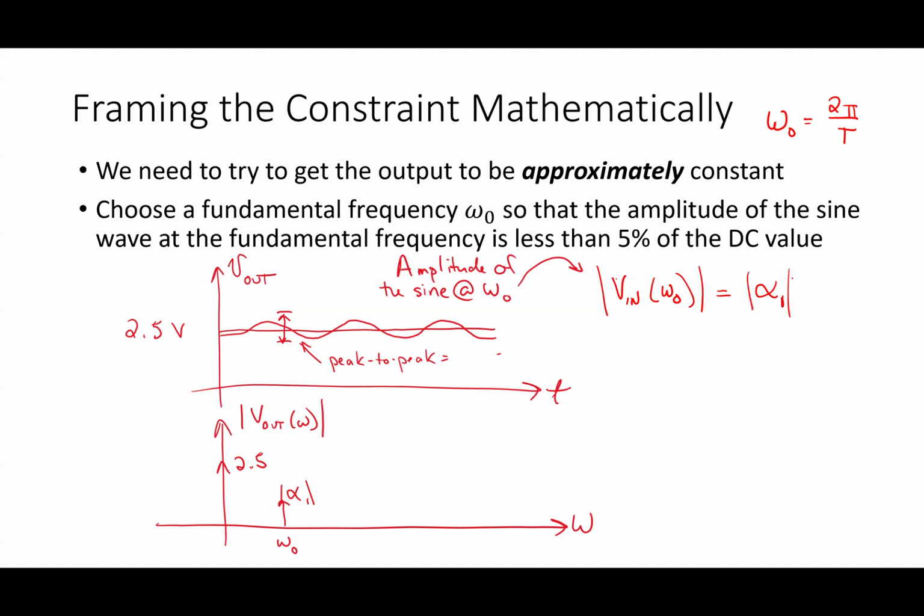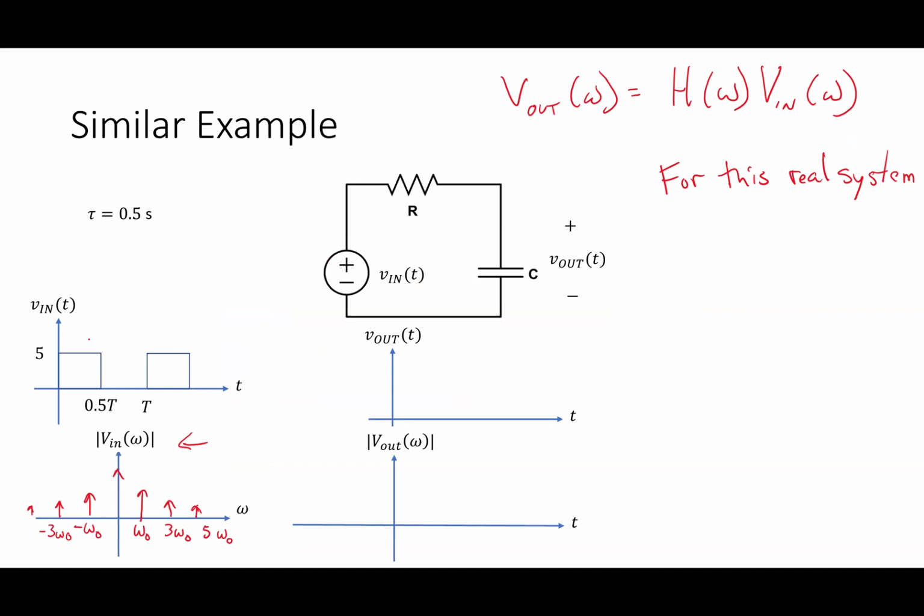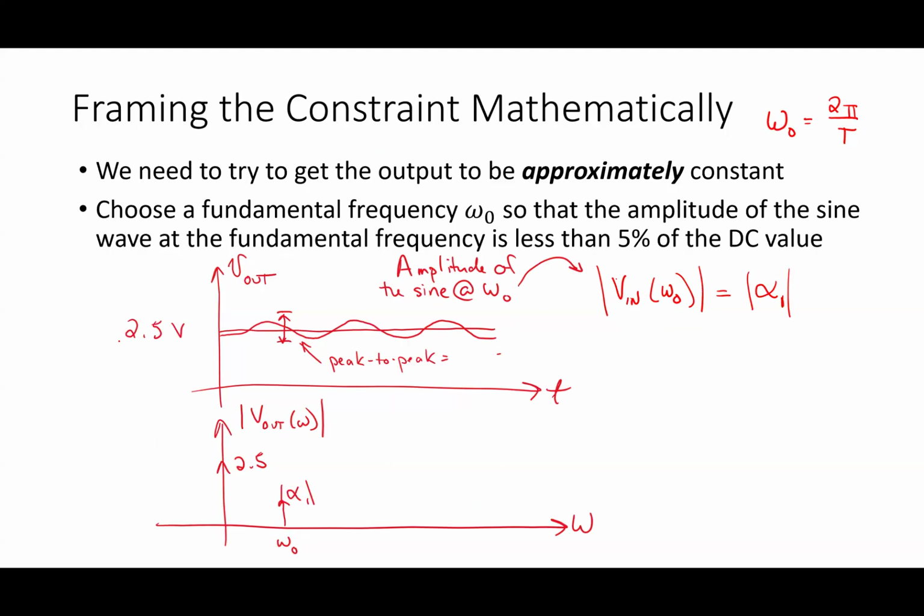I gave the example last time: if it was a 50-50 square wave, so high 50% of the time, low 50% of the time, this works out to be, I think, something like negative j times 1.5 or something along those lines. Magnitude wise, it's about 1.5.